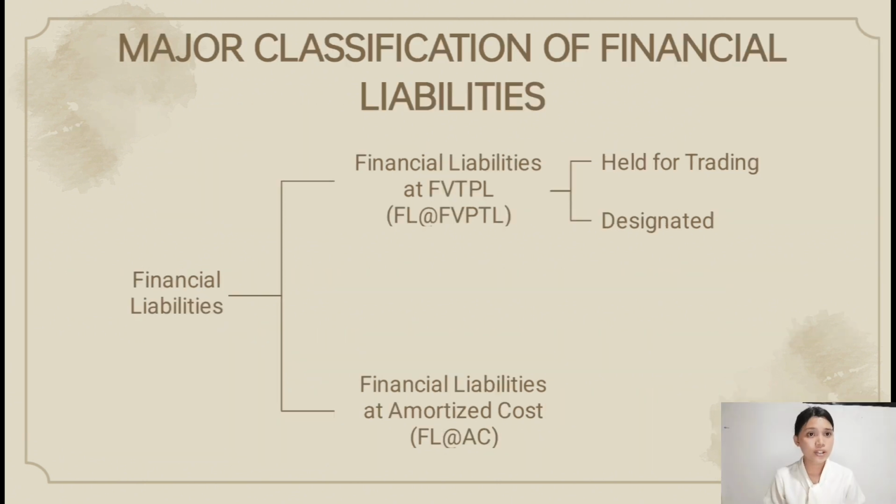So there are two major classifications of financial liabilities. First is financial liabilities at fair value through profit or loss, and the second one is financial liabilities at amortized cost. The financial liabilities at fair value through profit or loss can be further classified into held for trading and designated.